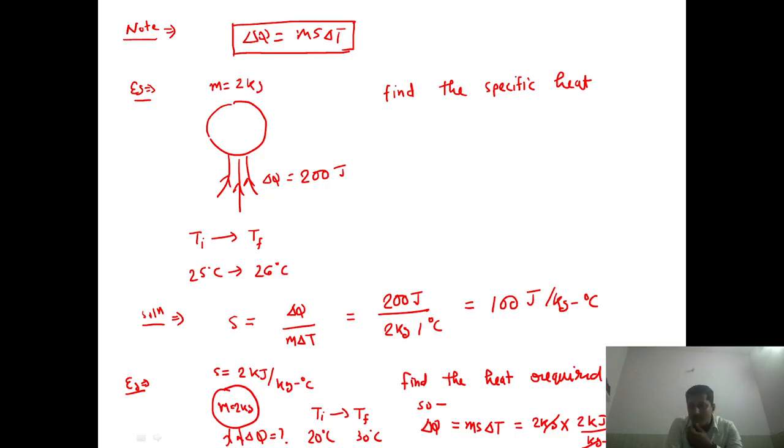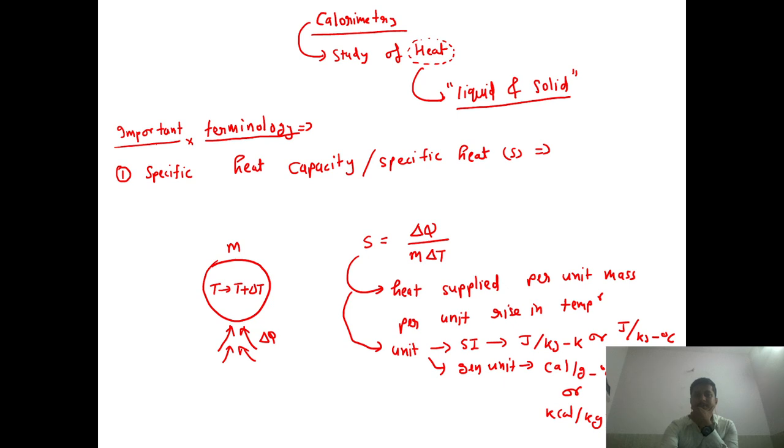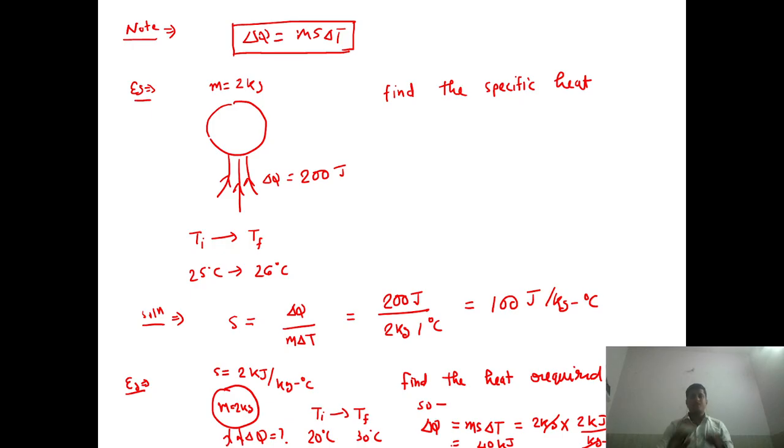As a result, delta Q, we are getting 40 kilojoule. So if the specific heat is given to us, we can apply these formulas and get our results.